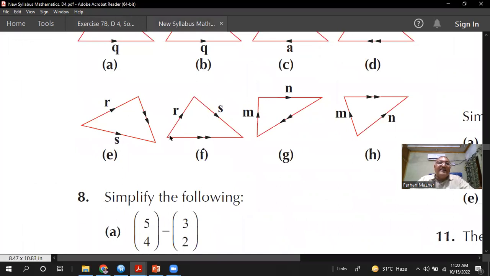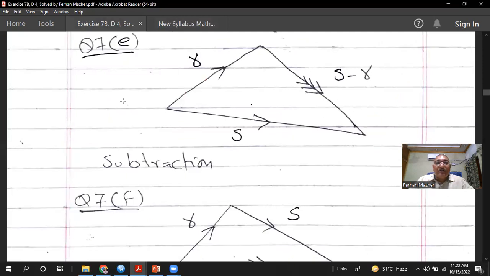Here again, you can see at the head of the R, you have put the tail of the S and you have joined the tail of the R with the head of the S. So at the head of the first vector, you have put the tail of the second vector. Then you have joined the tail of the first vector with the head of the last vector. This is addition by the triangular law.